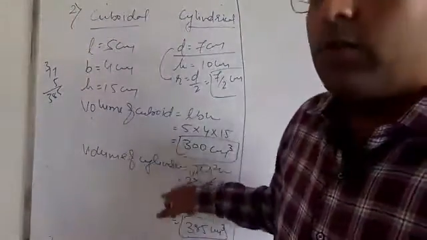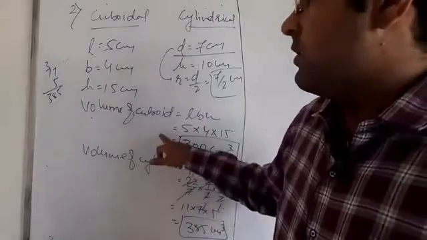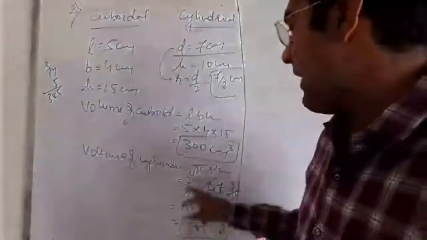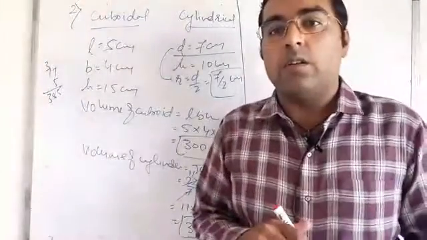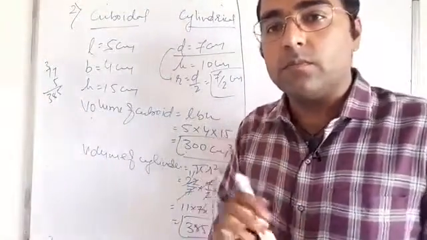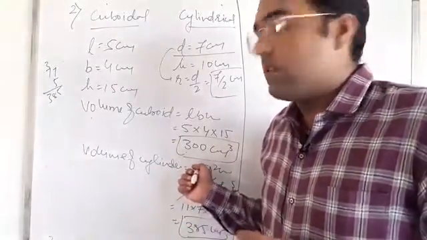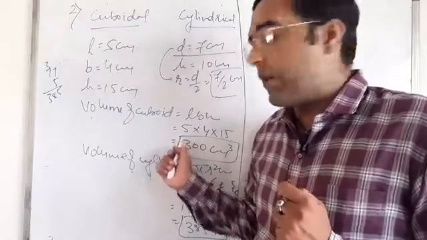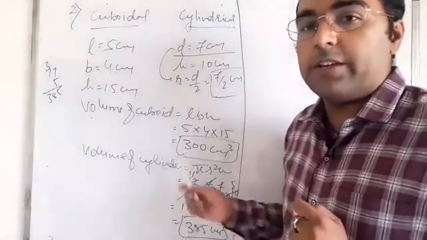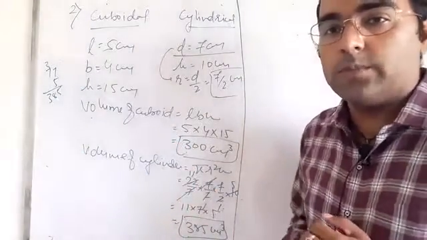So the cylindrical volume is greater than the cuboid by 85 centimeter cube. Okay, clear students?